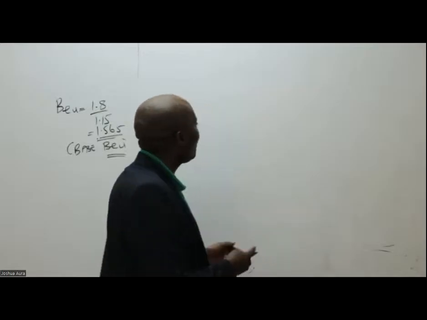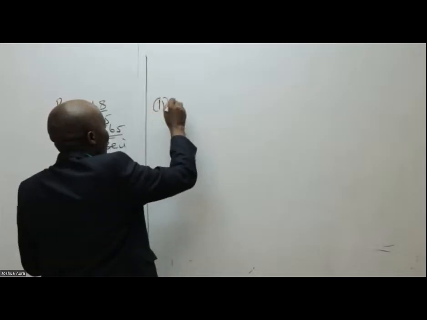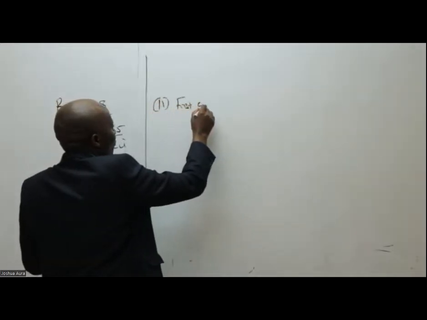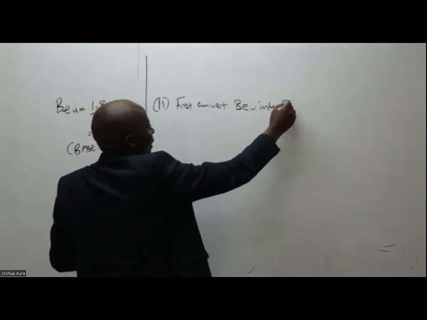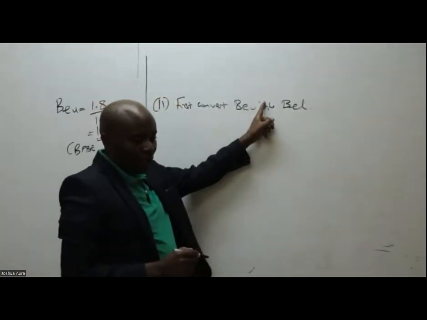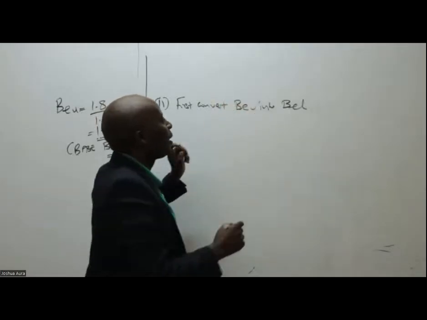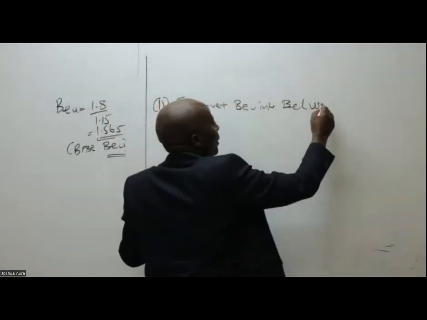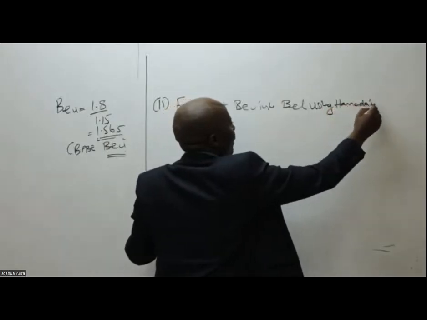So the first thing we need to do here, Roman 2, first convert BEU into what here? Into BEL, beta equity of a levered organization, using Hamada's model.